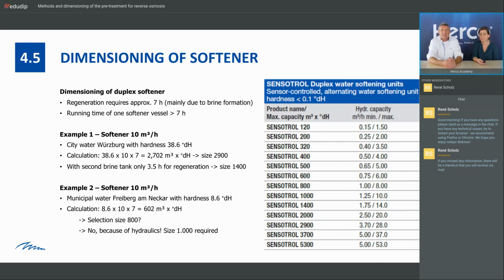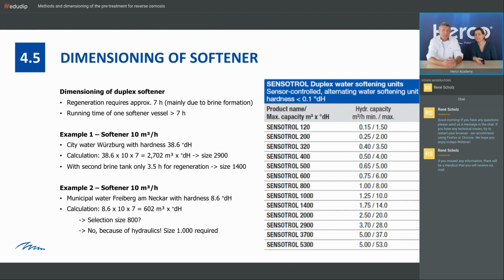If you are a safety guy, you take the next bigger Sensotrol 800, which would be enough from the capacity, but the hydraulics should also be taken into consideration, and this leads you to a bigger sized softener, because the 40 bed volumes would not be enough for the 10 cubic meters per hour you want to soften.